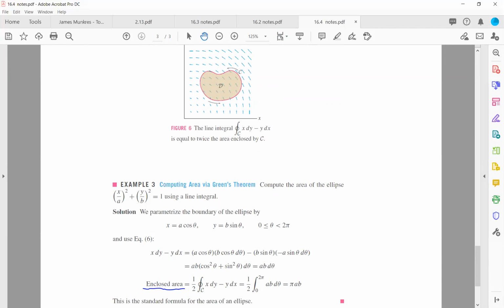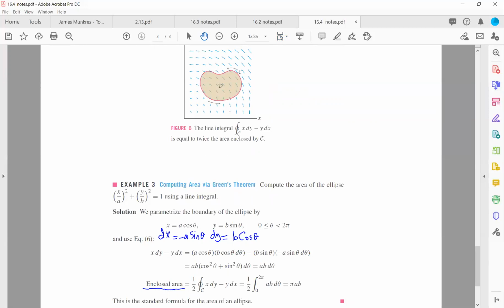x dy. So you need to take the derivative of y with respect to theta, which is b cosine theta. You also have y times dx, so you need dx as well, which is negative a sine theta.